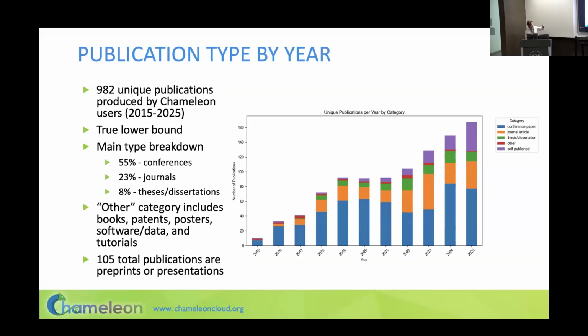And when you look at this, the purple grows smaller as you go back in time. This is because those papers are eventually published and they turn into something that is blue or orange in this graph, right? So if I showed you data for 2025 next year, that purple column would be smaller.